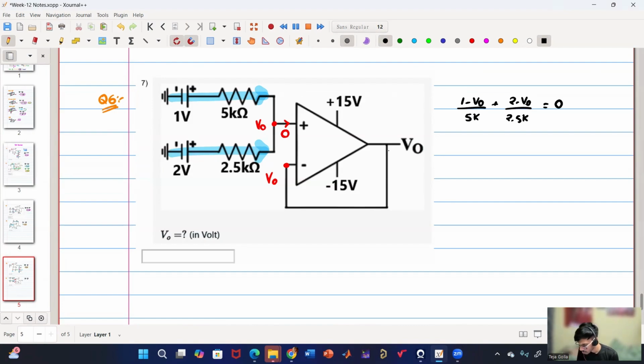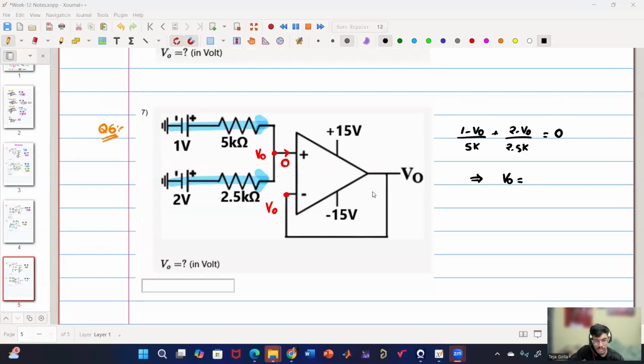Yes, very good. So now solve for V naught and let me know.